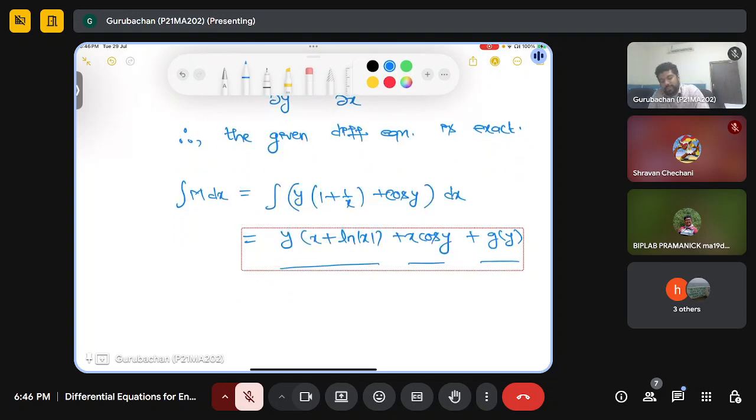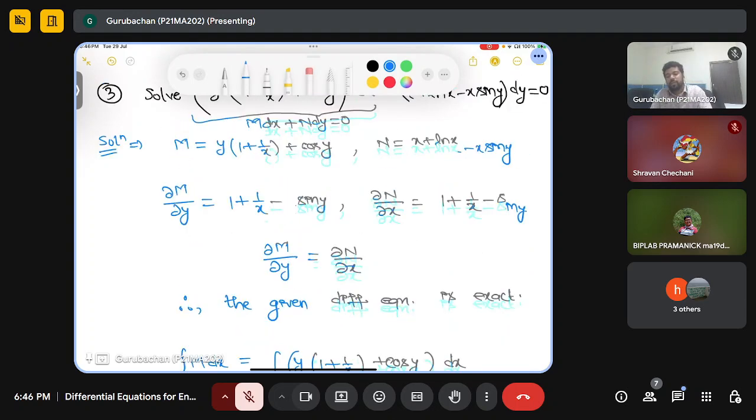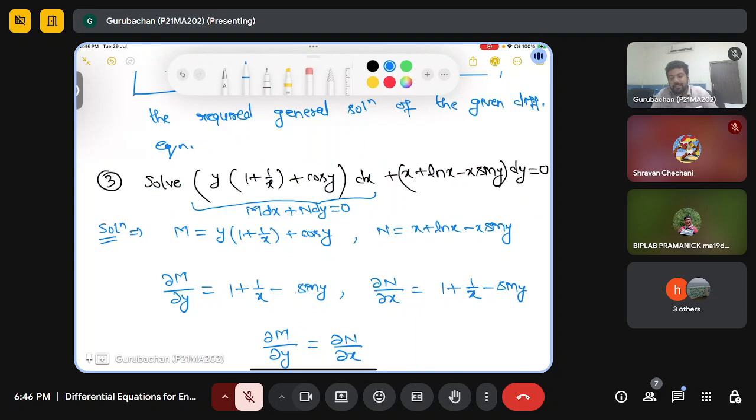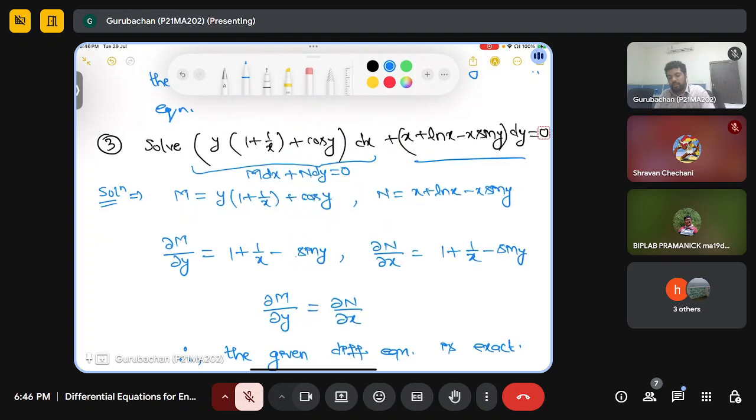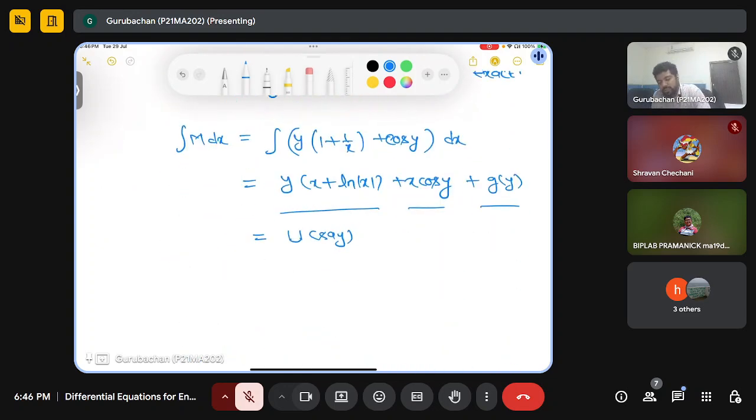So assume that this is some u. Okay. Now, what is the other factor? The other factor is something like this, N dy, so you need to find such a value. From here, there is an approach told in the class that ∂M/∂y and ∂N/∂x are equal.